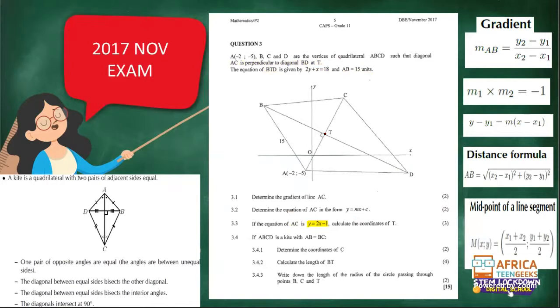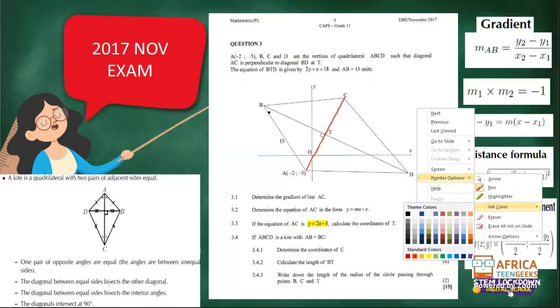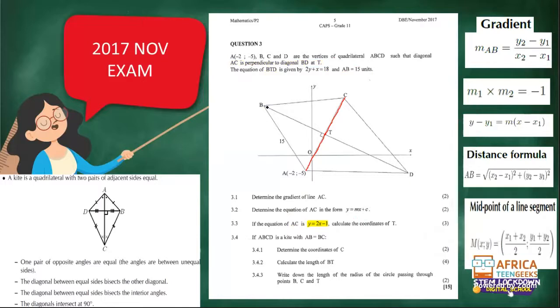So at point T, it's a point where line AC, let's try to draw that. So this is our line AC, and our line BD. Can you see that? So point T is the point where the line BD intersects, or it's crossing line AC.